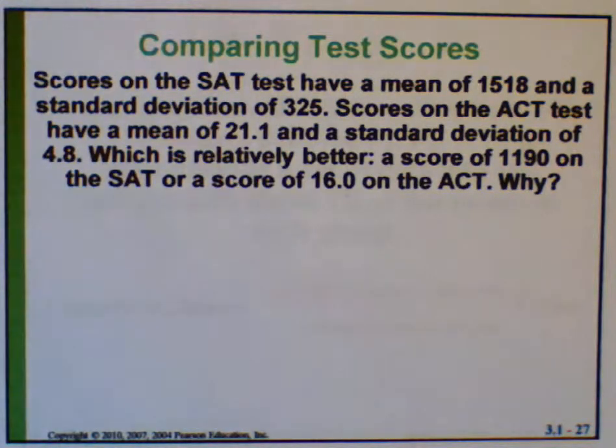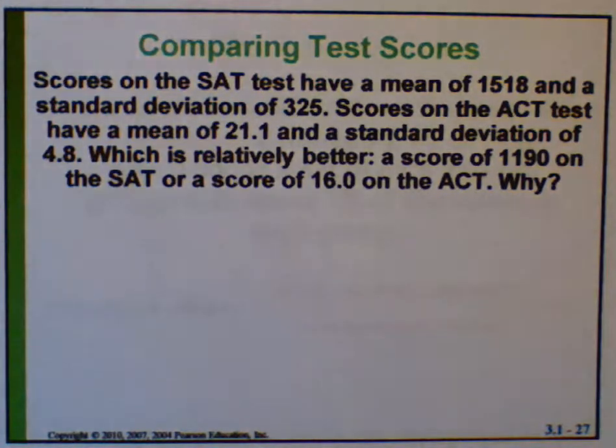It's really hard to compare ACT scores and SAT scores because they have a completely different range of scores. I'm not sure what the range of scores on the SAT are, but I know on the ACT, I think you can make anywhere in between a 1 and a 36. SAT scores are much higher.